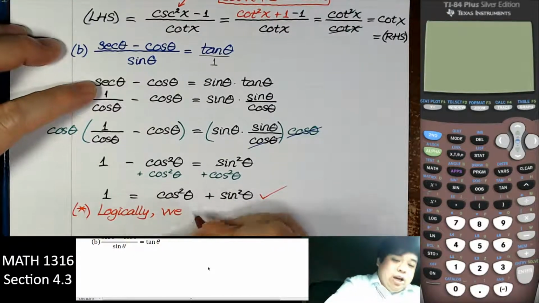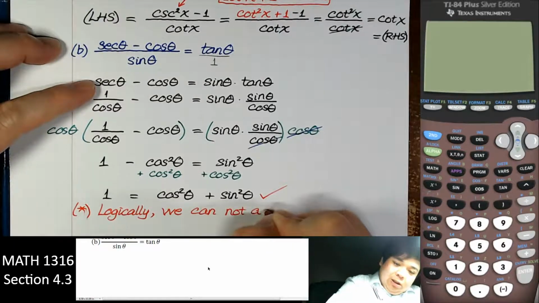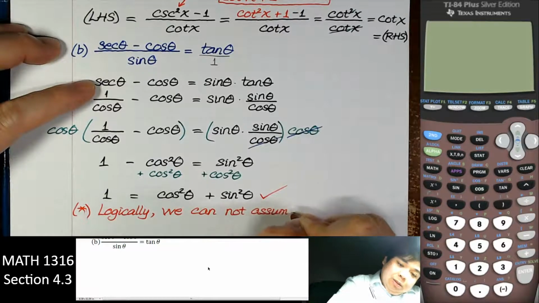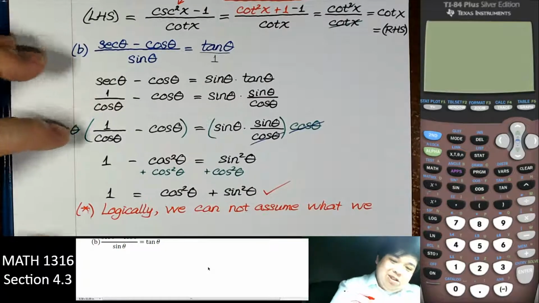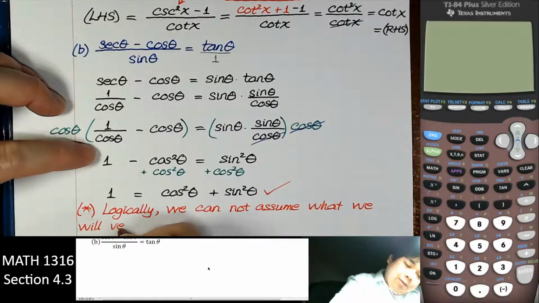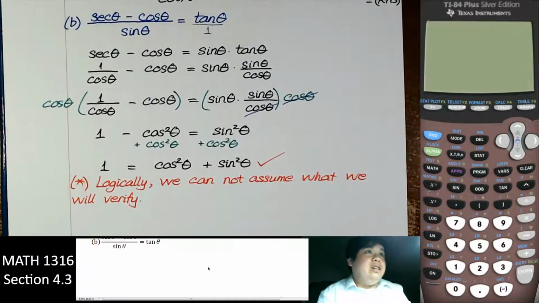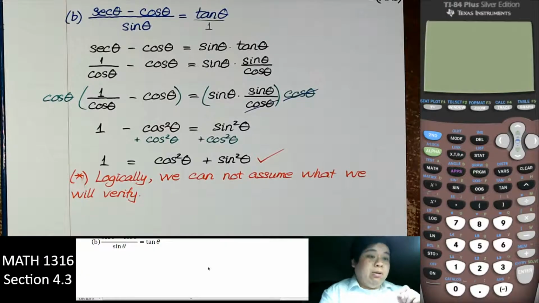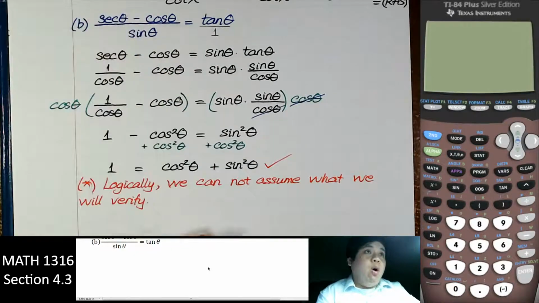So logically we cannot assume what we are trying to verify. So that logically doesn't work. We certainly cannot assume that this is correct. So we cannot start from here and do all of this.